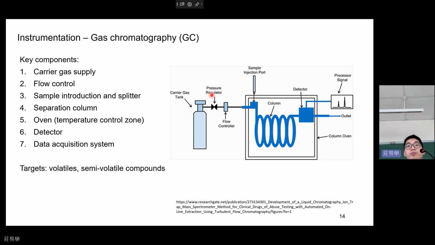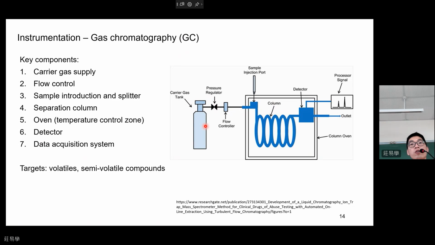One of the key components of gas chromatography is the gas supply. Usually it comes with a pressurized gas tank, which provides the driving force.